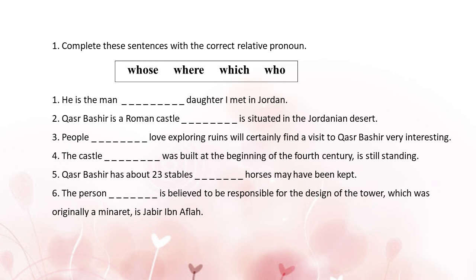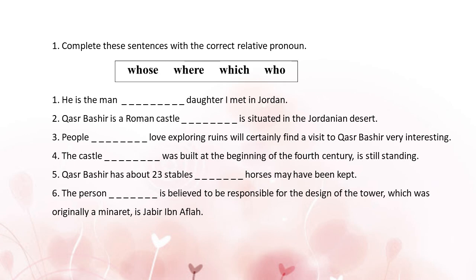Number one, he is the man, daughter I met in Jordan. Here, of course, the whole sentence is talking about the man. So we are talking about people. So you can choose either whose or who.